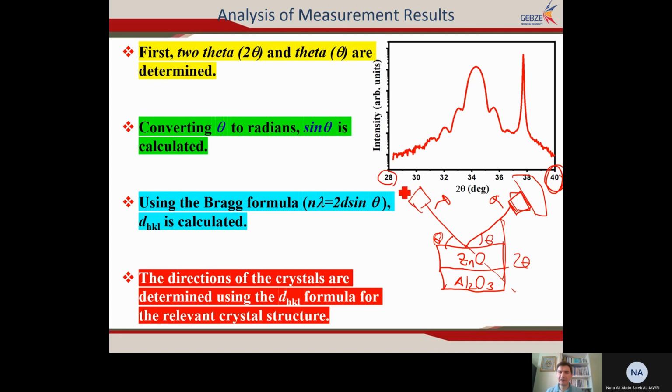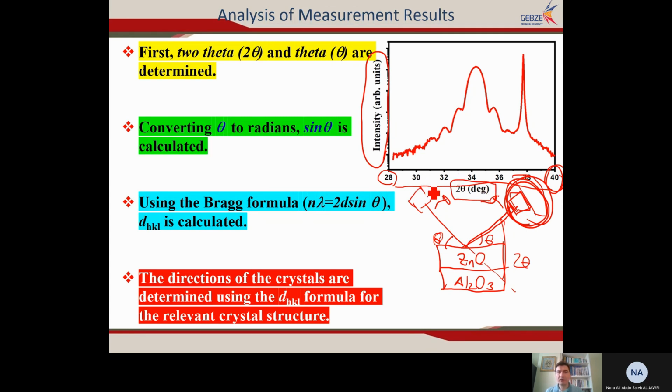What do you see here? On the x-axis I record the 2 theta angle, and on the y-axis I record the intensity read by the detector. During this movement of theta and 2 theta, we are recording the intensity coming to the active area of the detector surface.